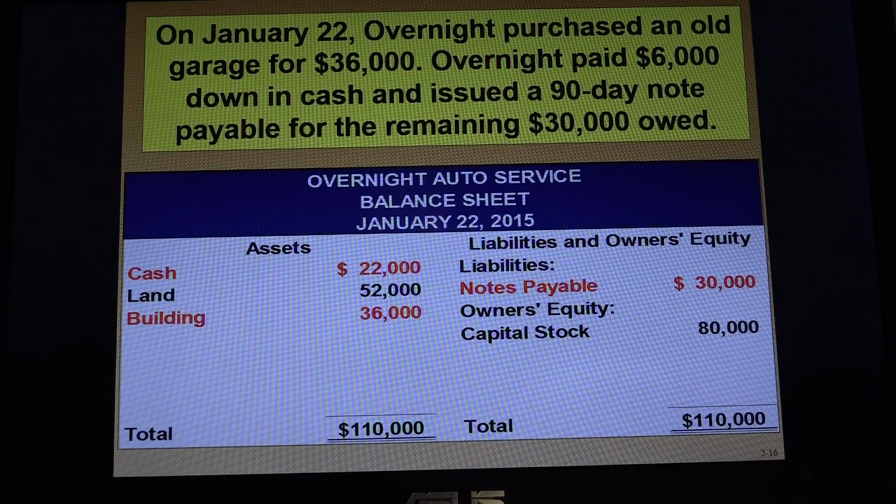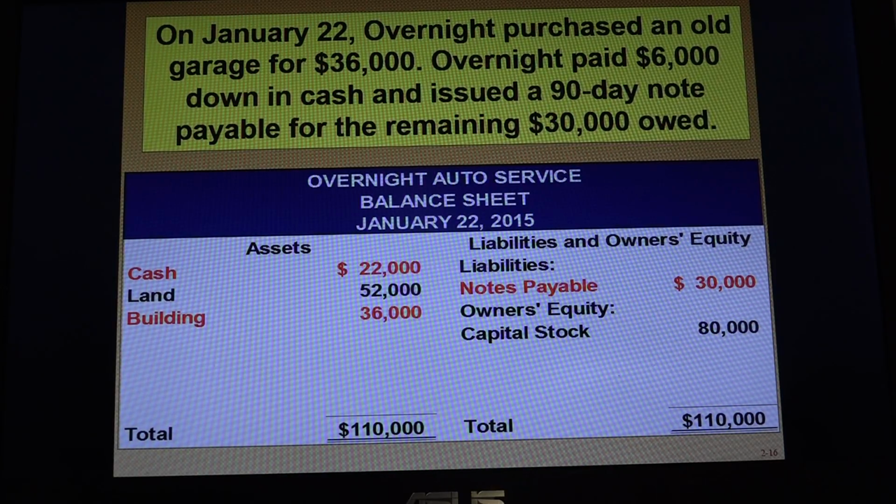On January 2nd, Overnight purchased an old garage for $36,000. They paid $6,000 down in cash and issued a 90-day note payable for the remaining $30,000 owed. Okay, so they reduce cash by another $6,000.